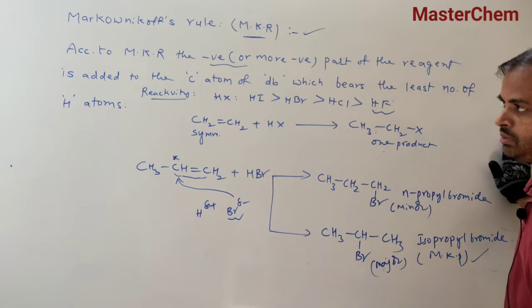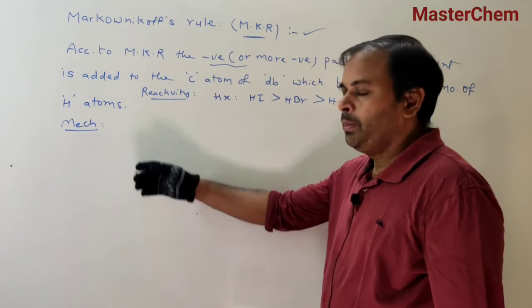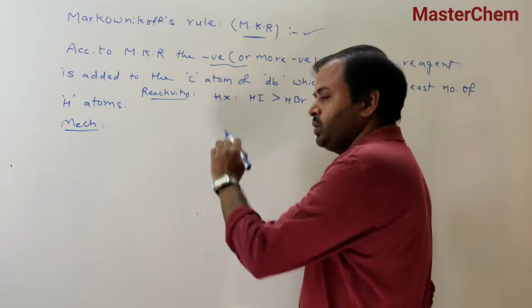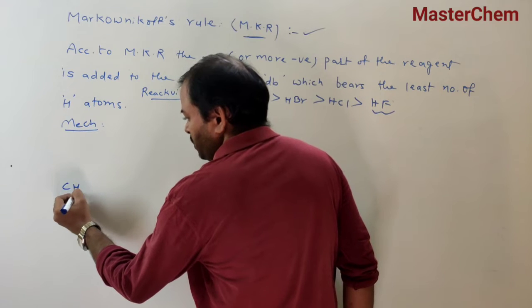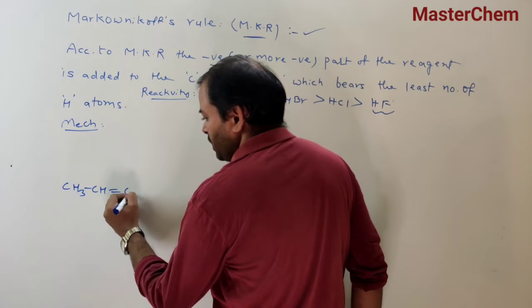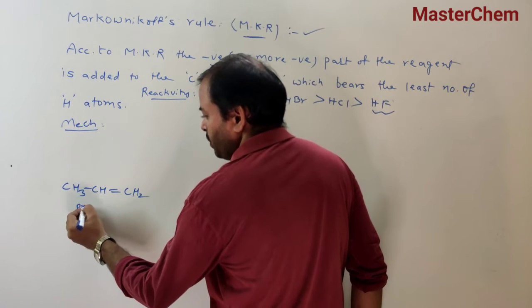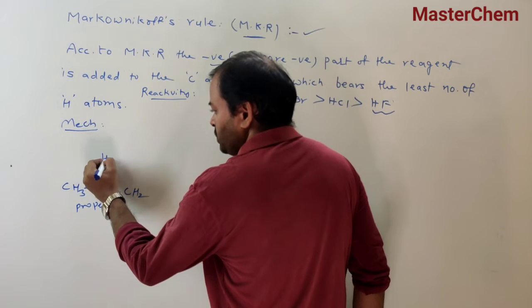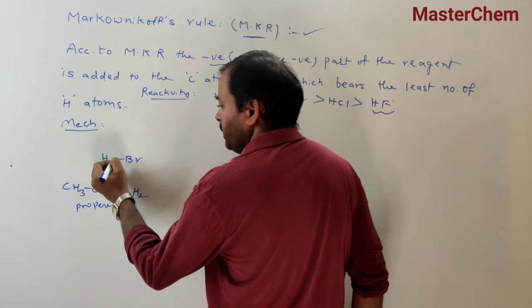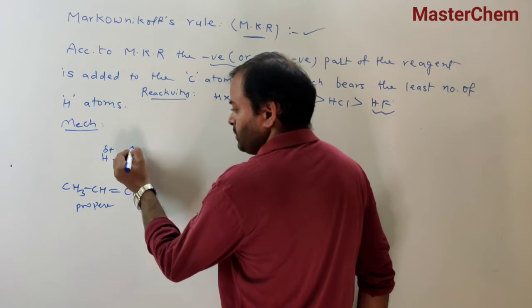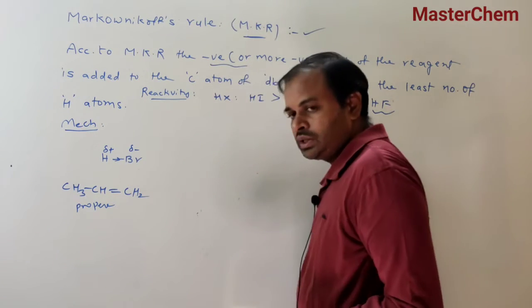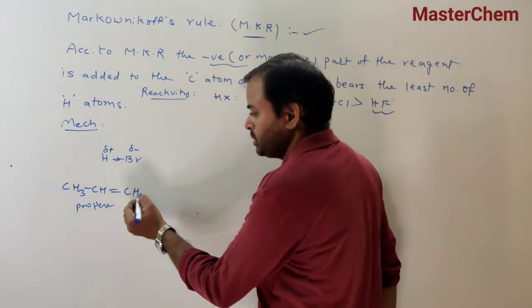Now let us discuss the mechanism of the hydrohalogenation reaction of alkenes. Our example is CH3CH=CH2, propene, with HBr. Due to higher electronegativity of bromine, H experiences a partial positive charge and Br experiences a partial negative charge.